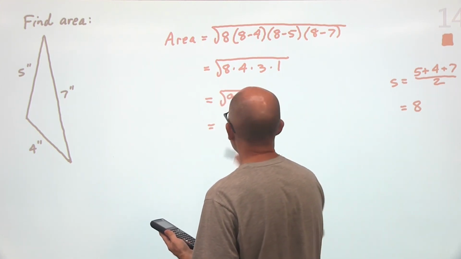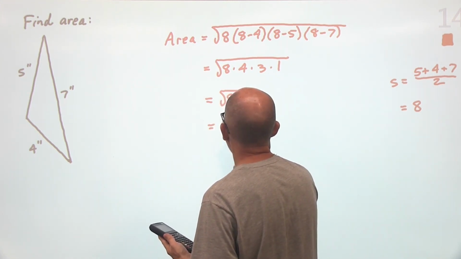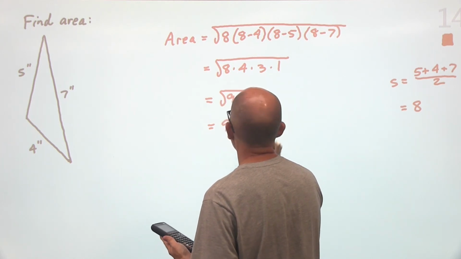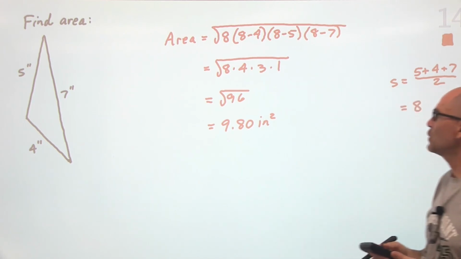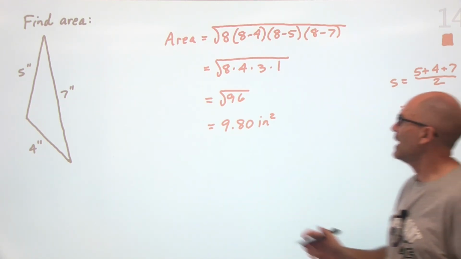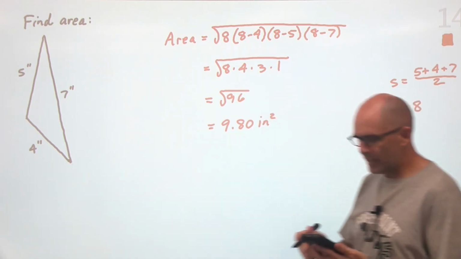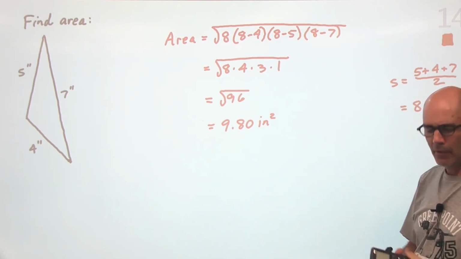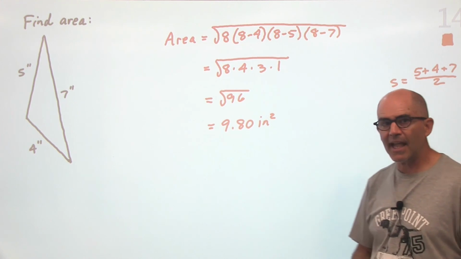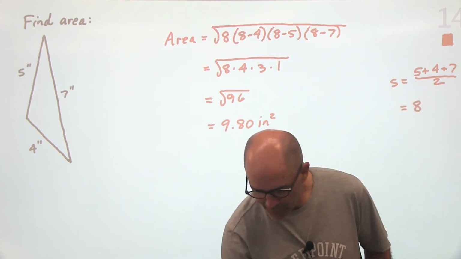So we'll go 9.80 The units are inches, so we have square inches. And 9.80 square inches is reasonable since the sides are 5, 4, and 7. Okay, that's it. Piece of cake. Have fun with these.